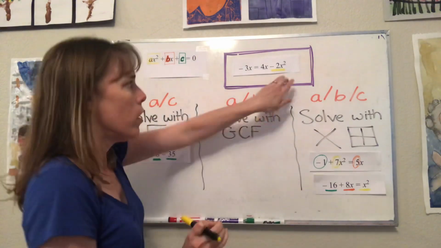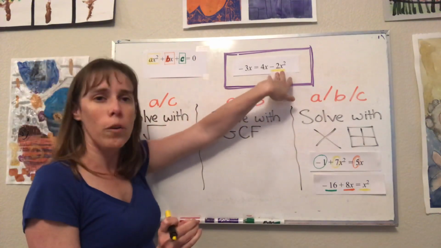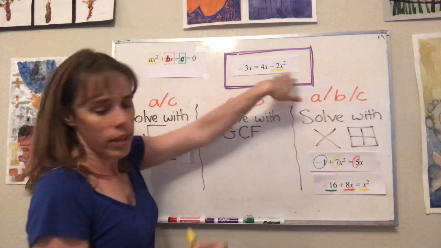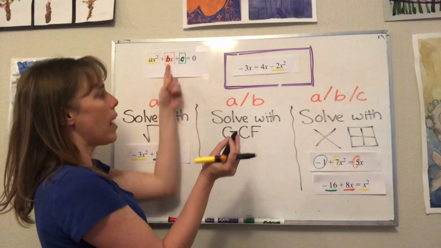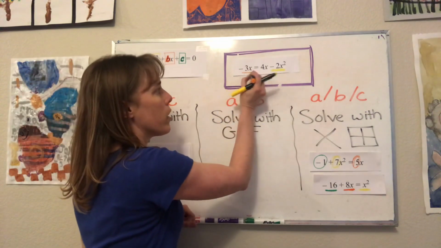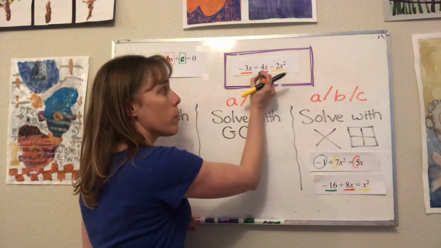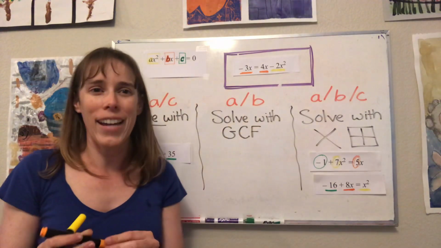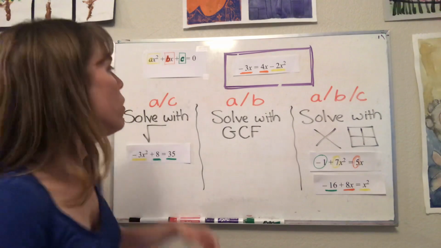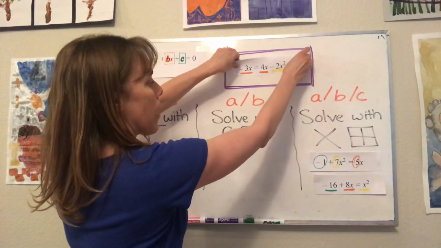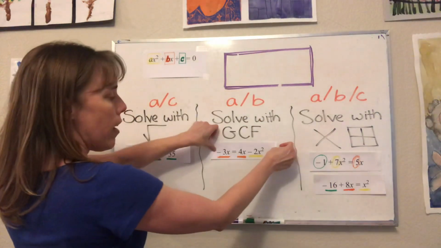It's kind of a mess. But I know that there will be an a term here, because I've got an x squared. Now let's see, I'm looking for b terms, things with x's. I've got an x term right here. I've got another x term here. And I don't have any constant terms. There's no term that doesn't have any x's. So this one fits into this category, into GCF.